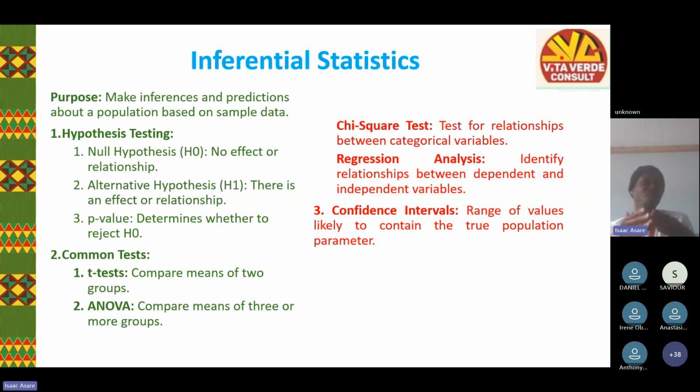And here, there are so many of them, we cannot even finish talking about them within a month. So the first thing that you need to do if you want to use inferential statistics is to have a hypothesis formulated.